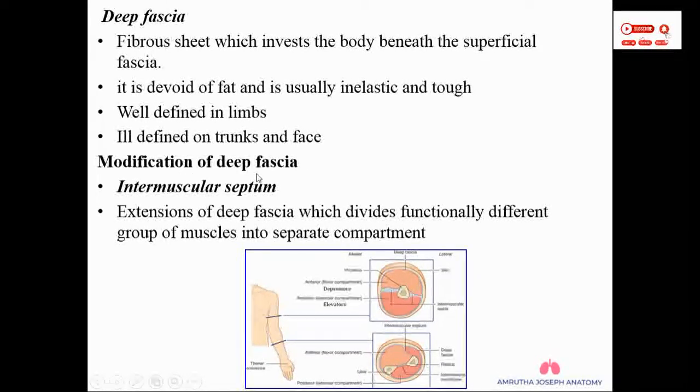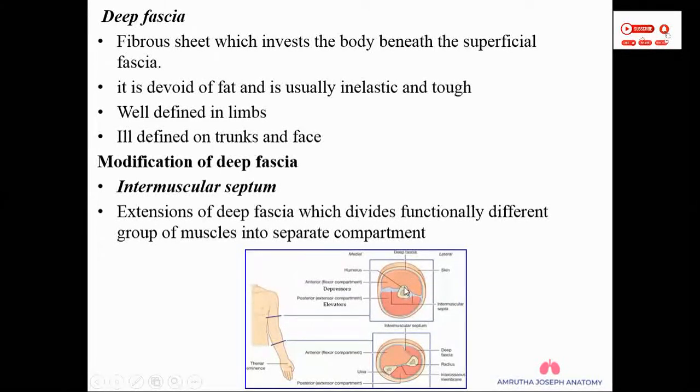Coming to modification of deep fascia, it is modified in particular areas. Here in the limbs, this is the arm. In the arm, you have a bone, and that bone is the humerus. When you take a cut section, you can see this line here. If you just think that we are going to cut this area, it looks like this.